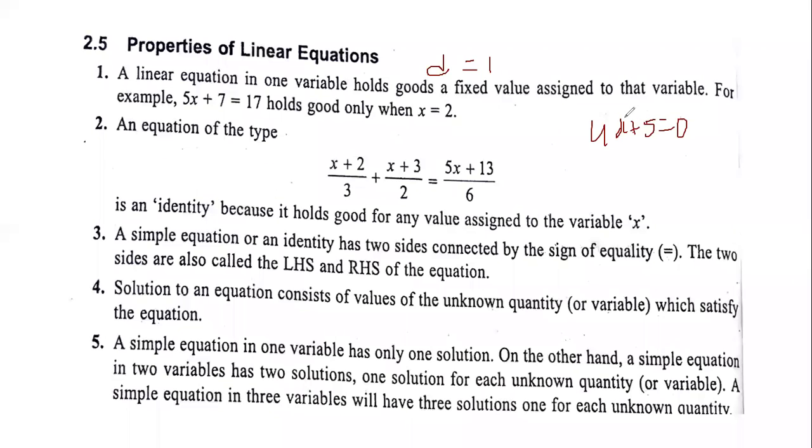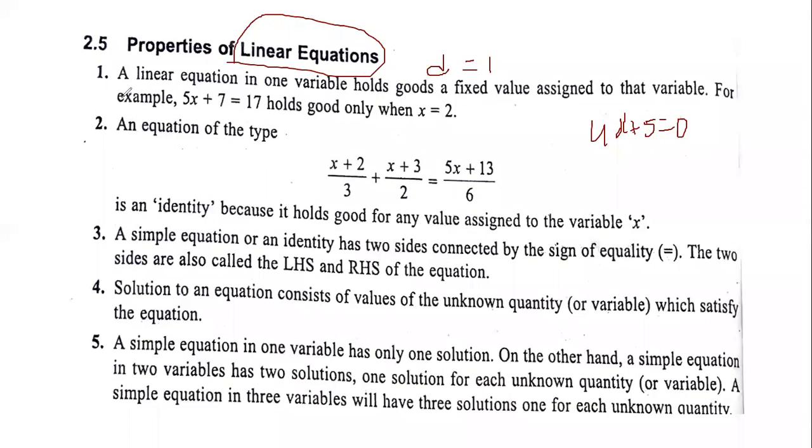What is the degree of equation here? 1. Correct. So when the degree of equation is 1, it is called a linear equation. Linear, one straight line. That is why it's called a linear equation.